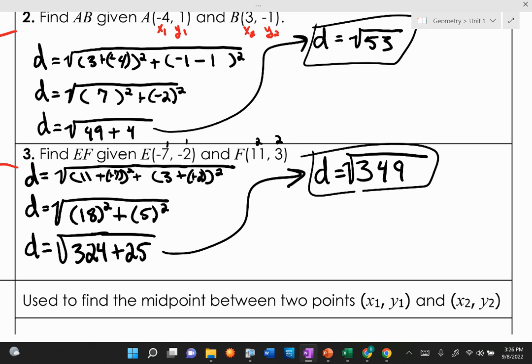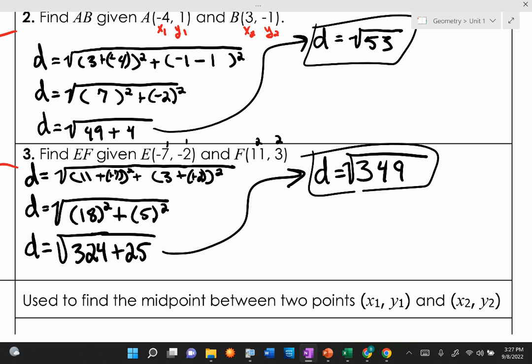Guys, I am trying to talk. In the future, on standardized tests, if the answer you got is the square root of 349, but all your answer choices are decimals, you just need to go into your calculator and punch in square root 349, and it'll give it to you.